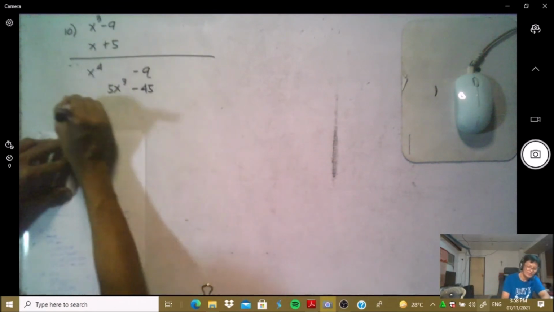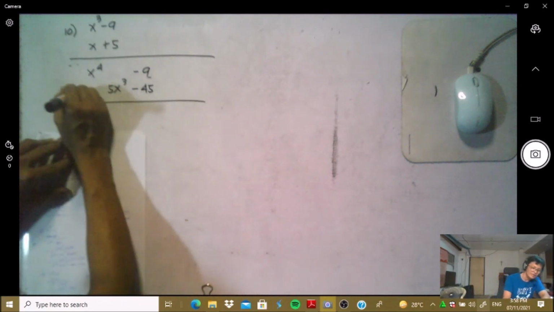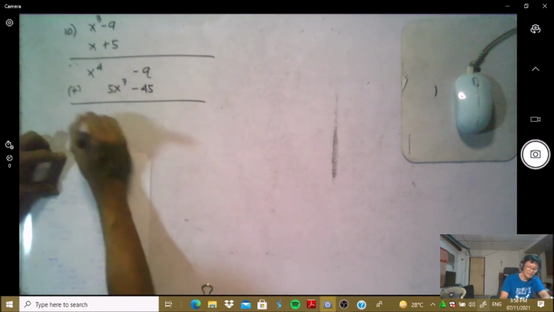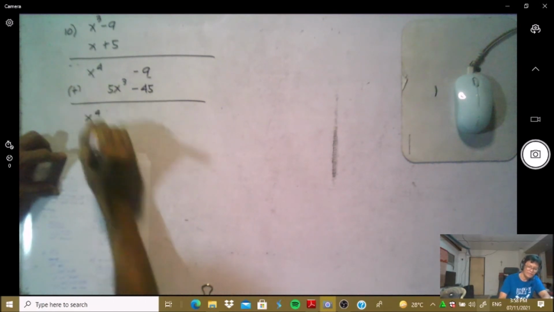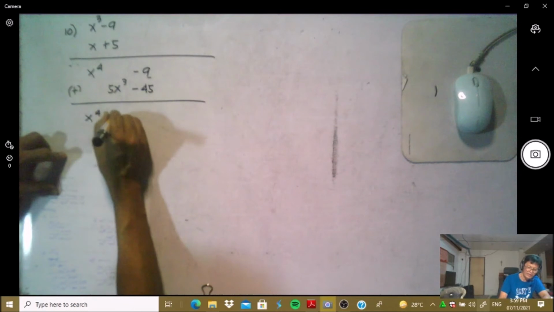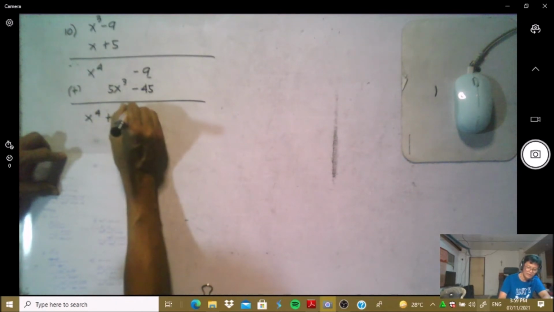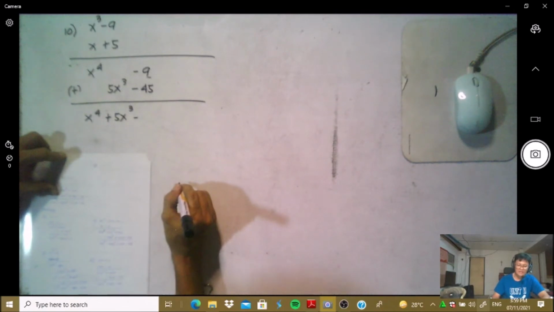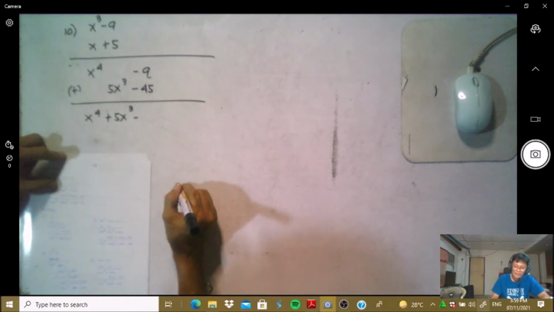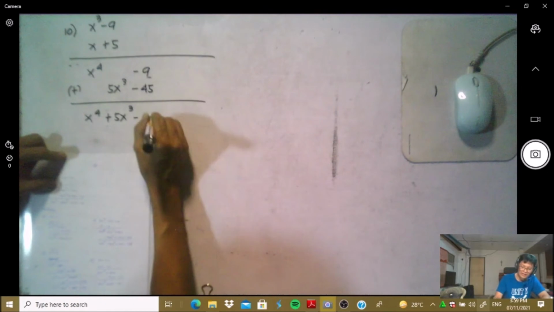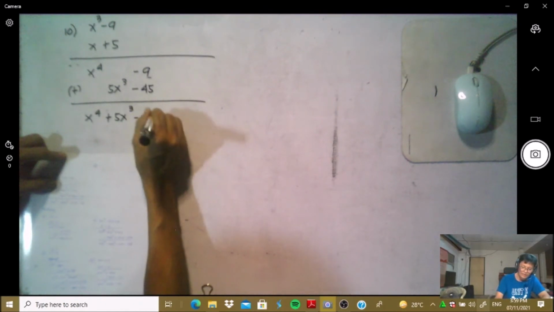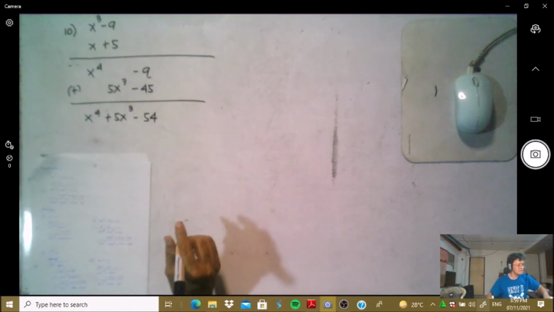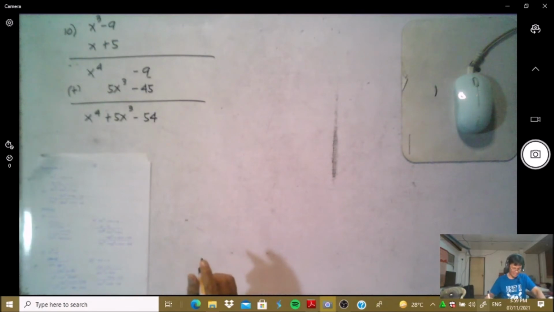Okay, then we can now combine. We have x to the fourth plus 5x cubed, then minus, that is 9 plus 5 is 14, and that will be equal to 54. So let us check our answer.